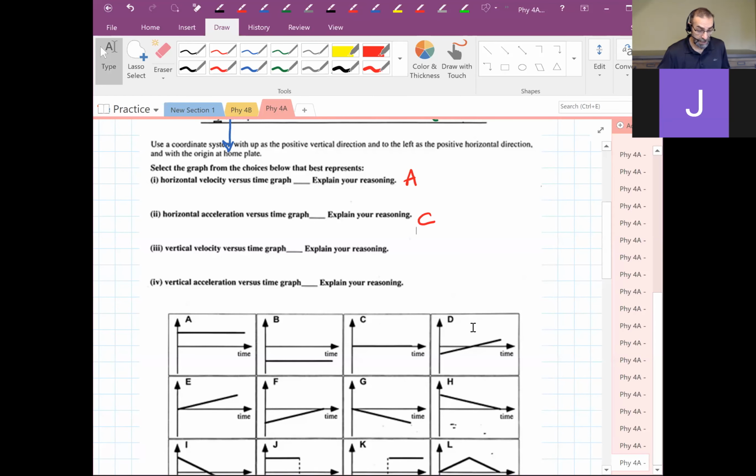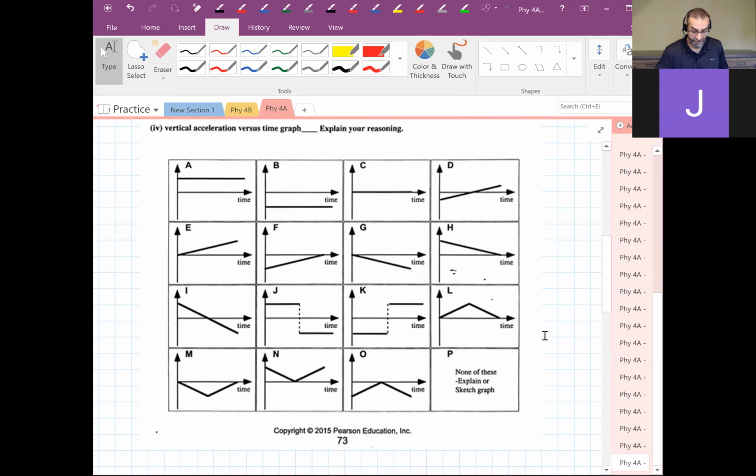Okay, vertical velocity versus time. Take a look at those choices.